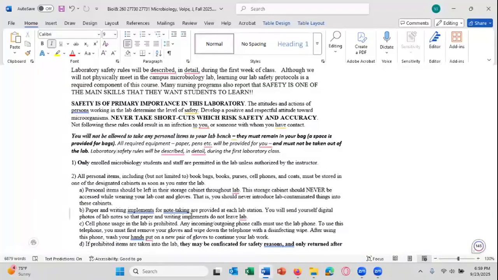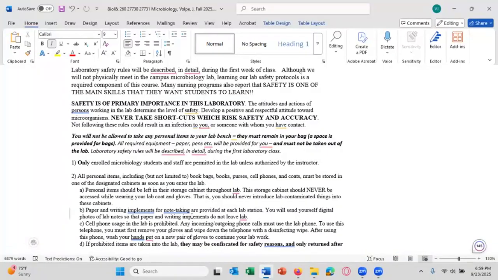If you're going to be working with a splash hazard, you walk over to where the safety goggles are kept and put on the safety goggles. Usually in microbiology lab, we do not have a splash hazard, so you do not need to wear safety goggles. But if ever we have microorganisms in a liquid culture, we do not want you getting a splash hazard of microbes in your eyes, so you must wear safety goggles.